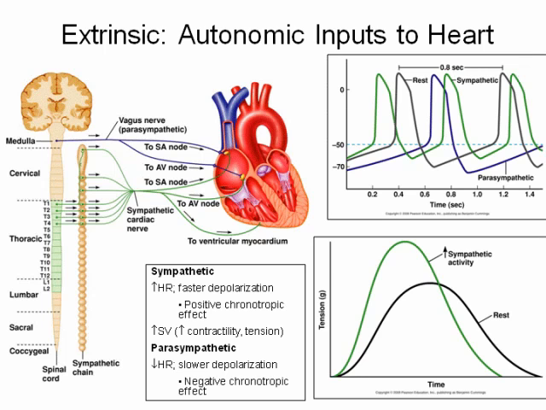So the sympathetic nervous system speeds up the development of the pacemaker potential. It increases heart rate. We refer to this as a positive chronotropic effect.